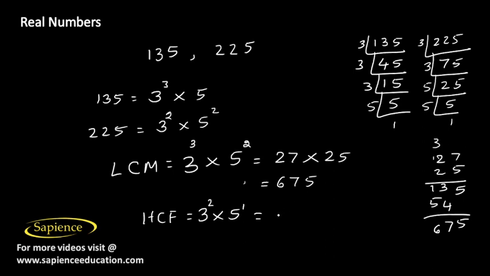So this will be written as 9 times 5, which is 45. The HCF of both of these numbers is 45, and the LCM is 675. So this is how we find out HCF and LCM using the prime factorization method.